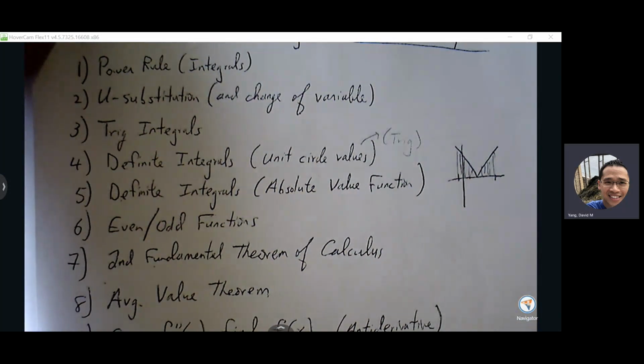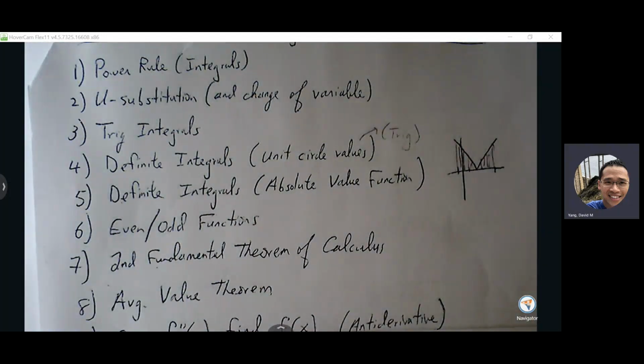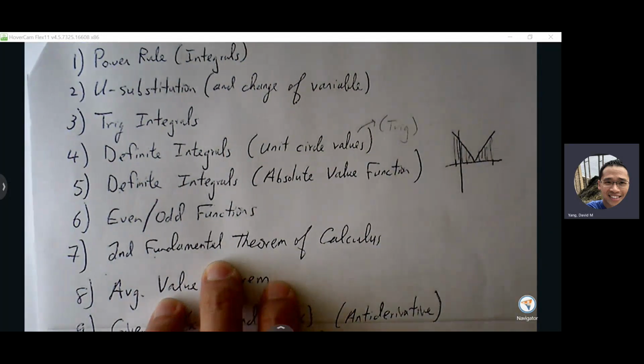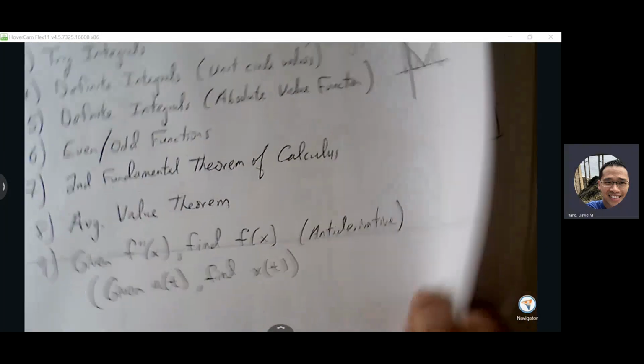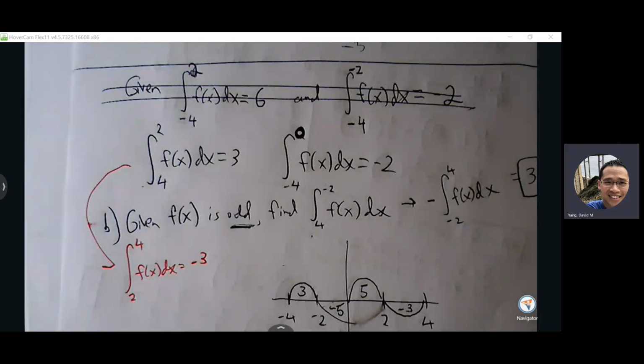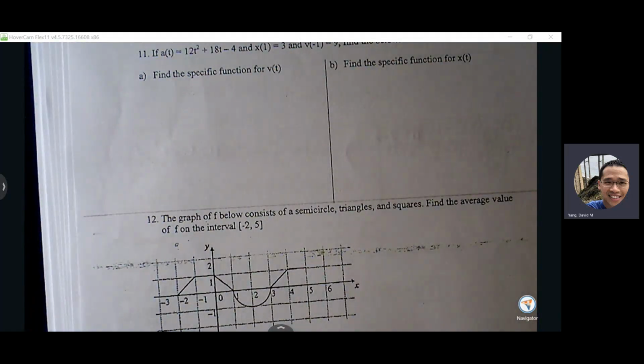Can you go over the theorems of calculus one more time? You mean the second theorem? Yeah. So basically, the second theorem, you're just going to follow the rule and take turns with the upper and lower bound.